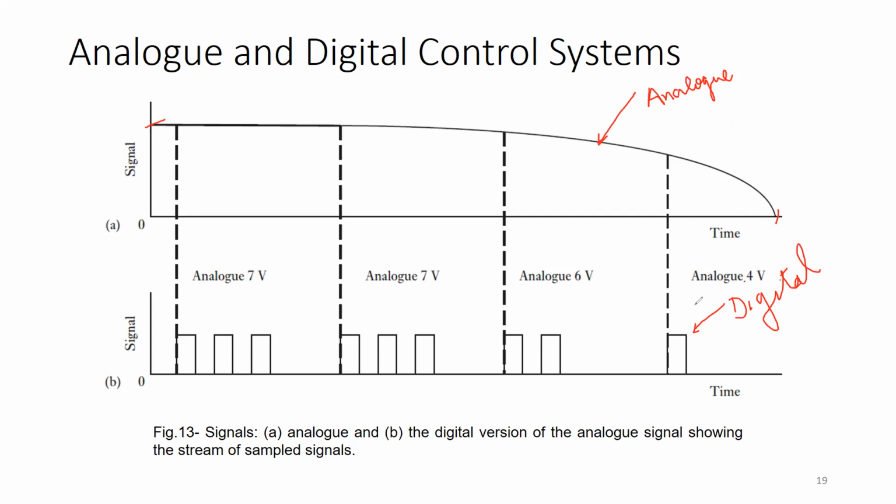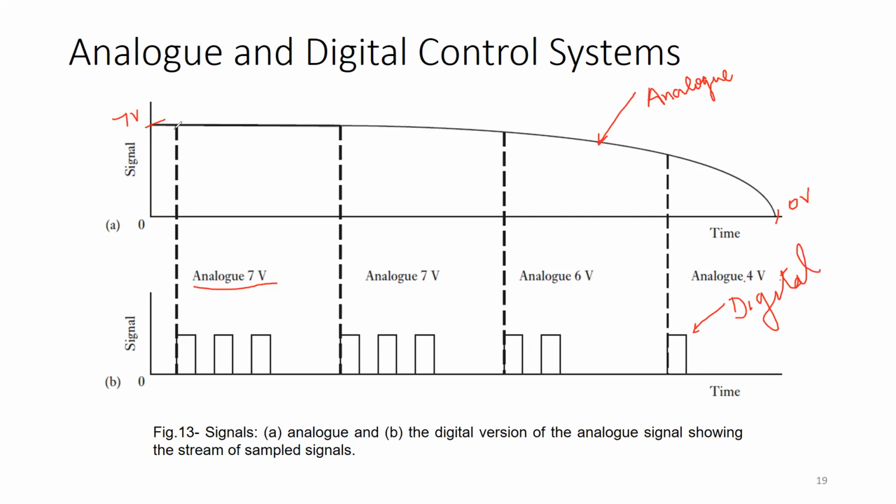So as you can see, suppose the signal over here is 7 volt at this point, and this 7 volt signal is the maximum voltage which is achievable for this particular graph, and that signal is dropping as the time advances, and at this point the signal becomes 0 volt.